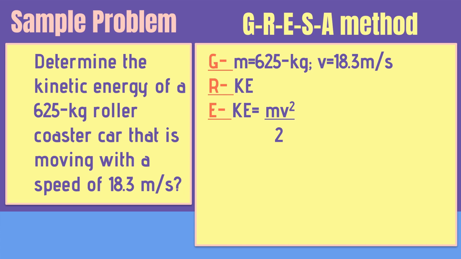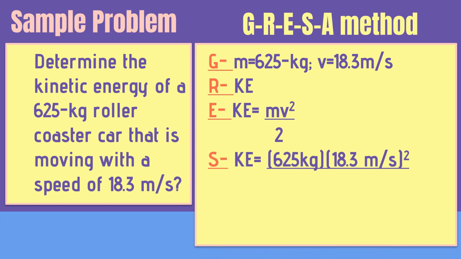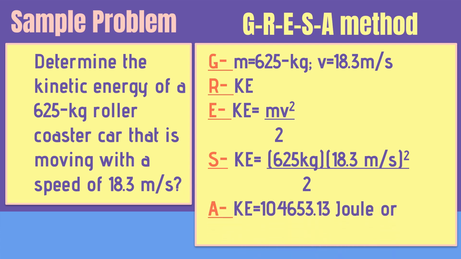So the solution is that KE is equal to the mass of 625 kilograms multiplied by the velocity of 18.3 meters per second squared over 2. So the answer will be 1.05 times 10 raised to 5 joules.